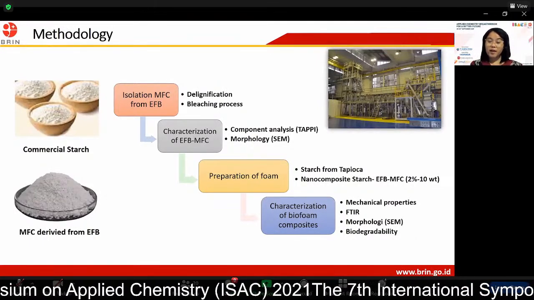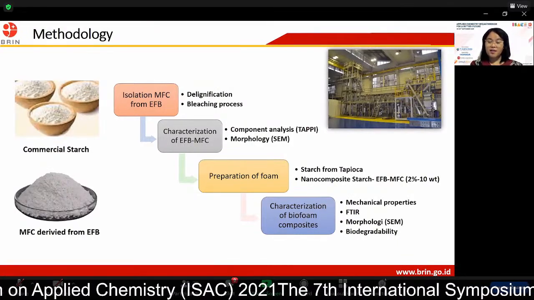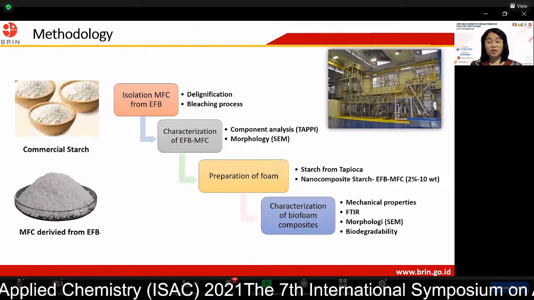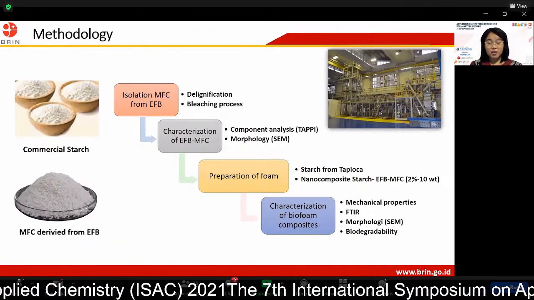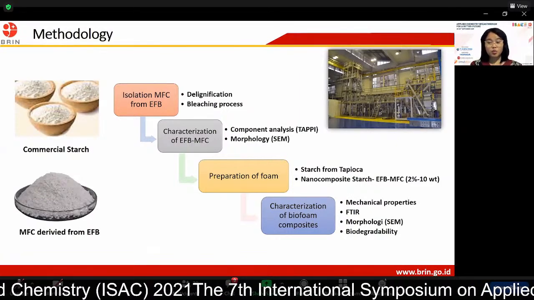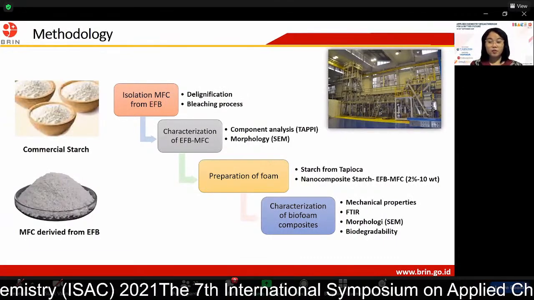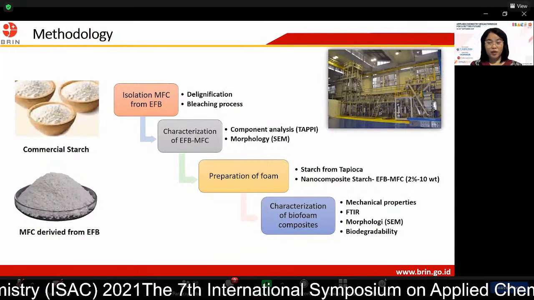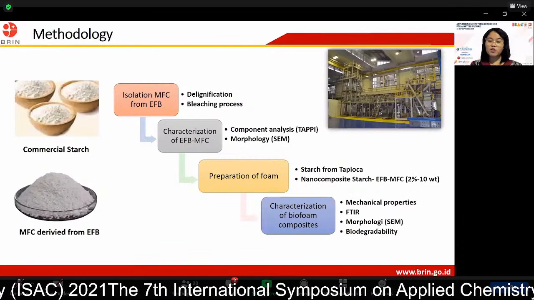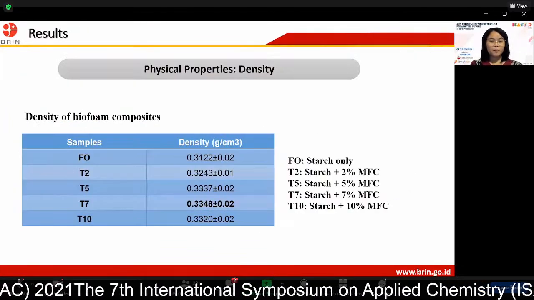After that, we prepare the foams from tapioca starch, as well as the nanocomposite starch reinforced with microfiber cellulose at varied concentrations from 2% to 10% weight. We blend all the formulations and do hot pressing to get the final foam product. After that, we do the characterization of the obtained biofoams.